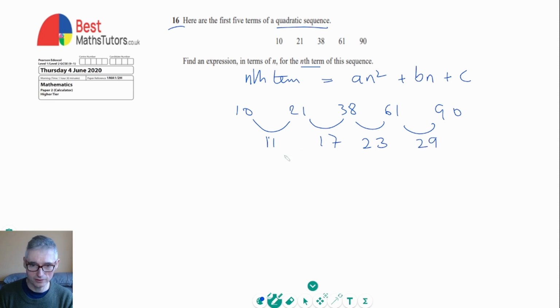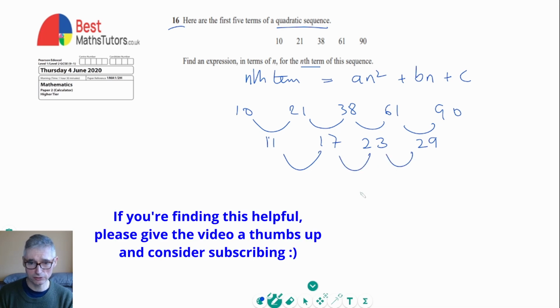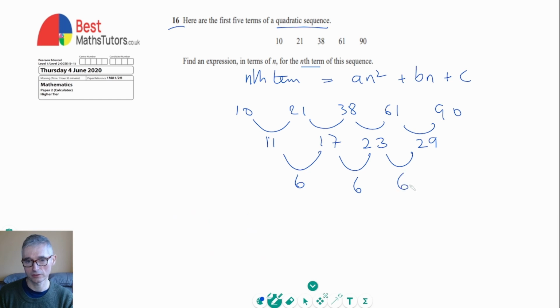And then if we look at the second row differences, so this time these should all be the same if we've got a quadratic sequence. You can see that goes up by 6, that goes up by 6, and that goes up by 6.